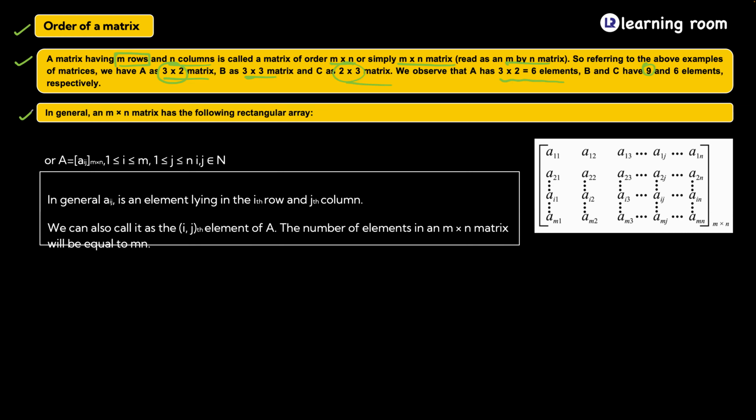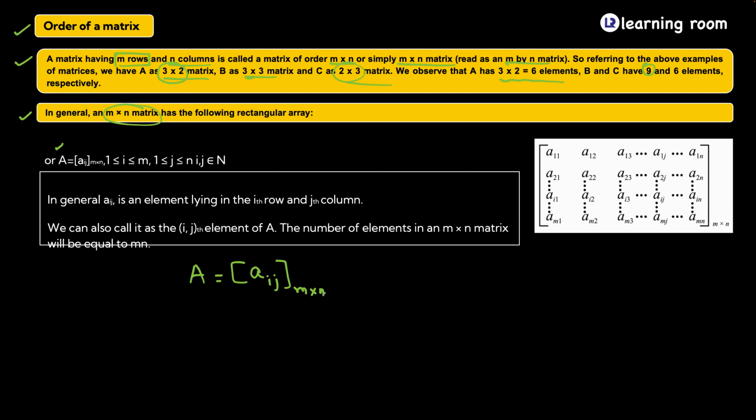You write capital A is equal to aij of the order m cross n. So small aij stands for the element, capital A stands for the name of the matrix, and m cross n stands for the order of the matrix.